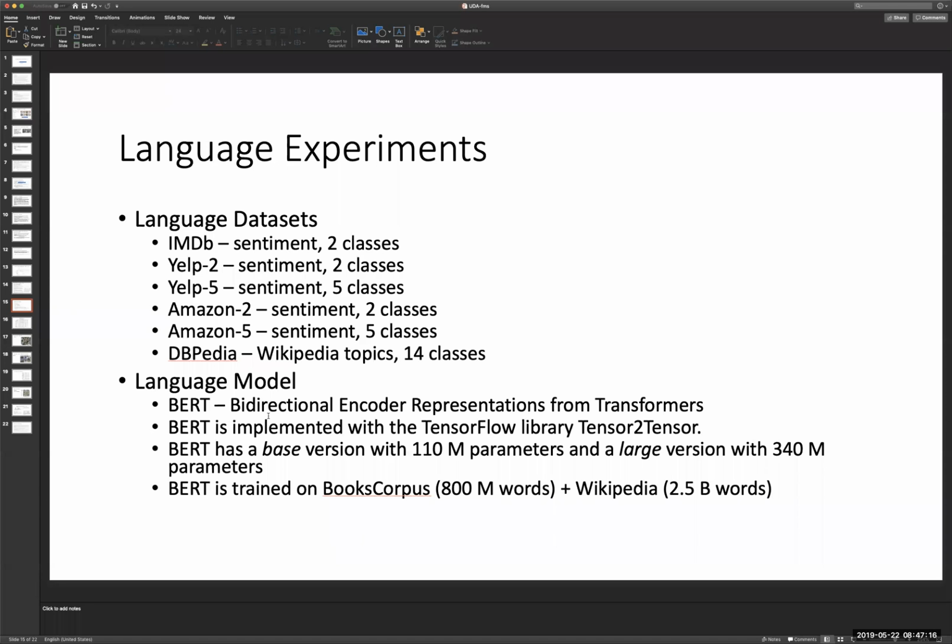So BERT is going to be what these language experiments use. And another aspect of it that's good is that it's perhaps analogous to something FastAI has, in that for a vision model, you have, say, a custom head, and then you have the convolutional parts of the model.